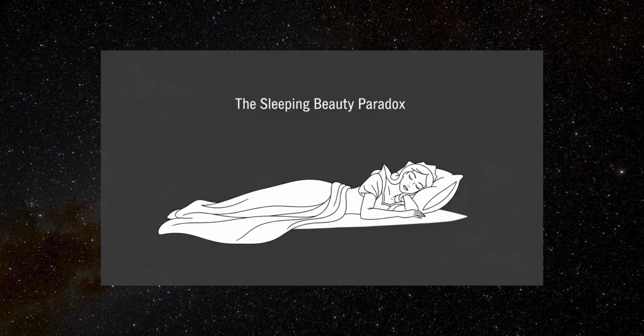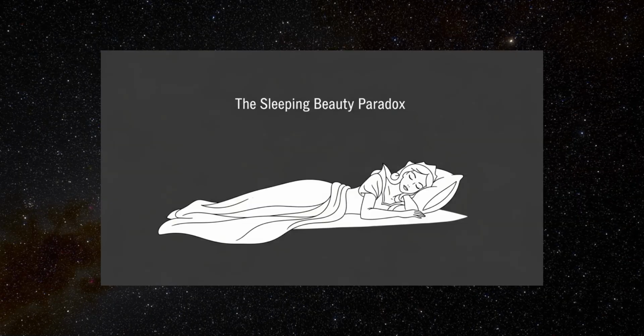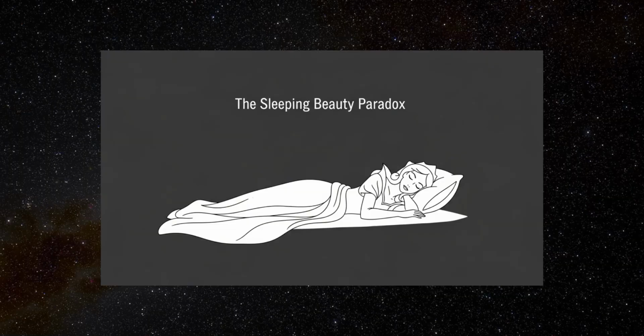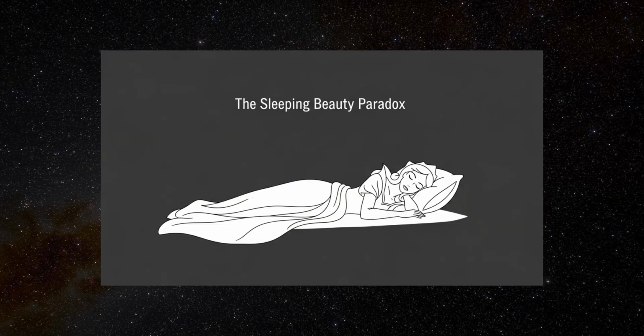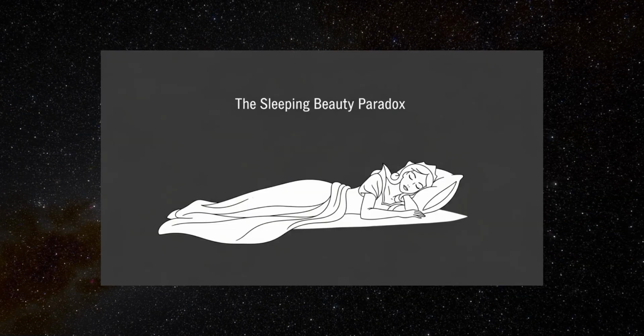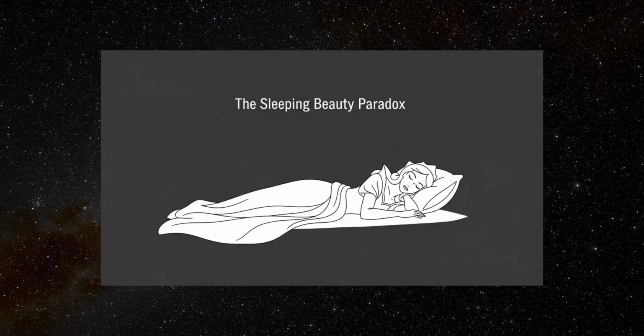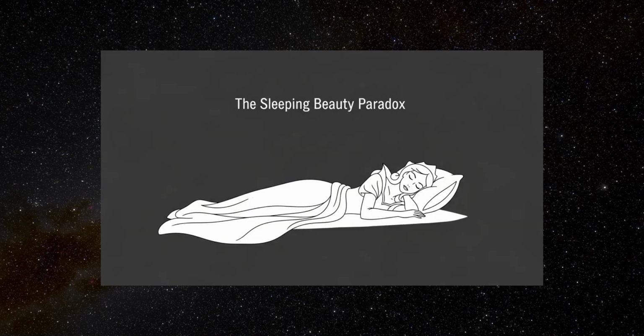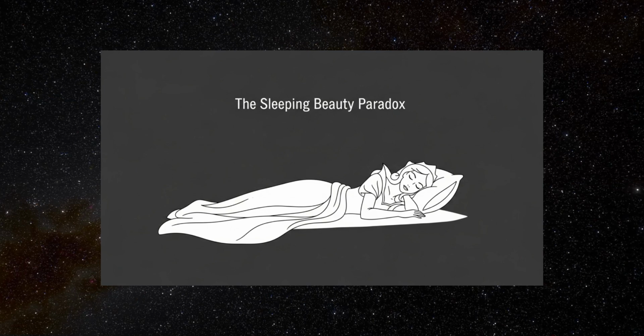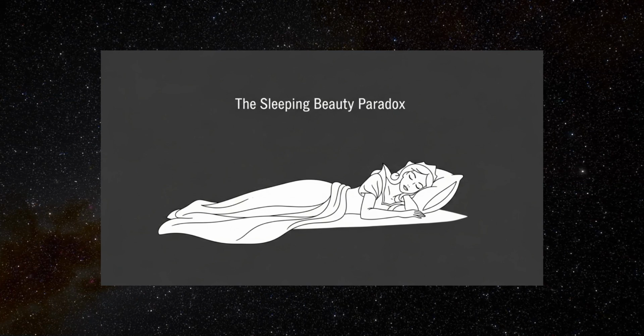The thirder argument takes a different route, focusing on the number of awakenings that result from each possible coin outcome. If the coin lands heads, there is one awakening, Monday. If it lands tails, there are two, Monday and Tuesday.